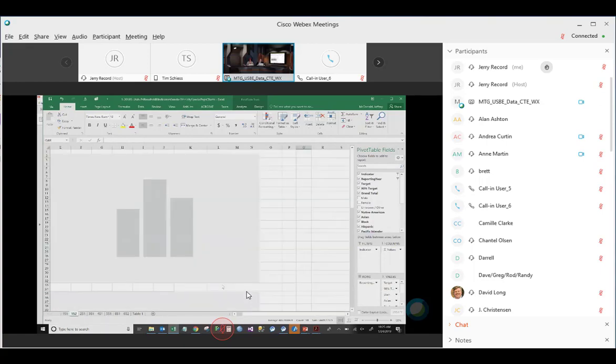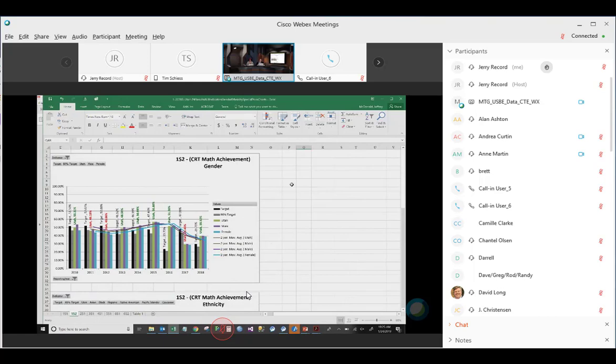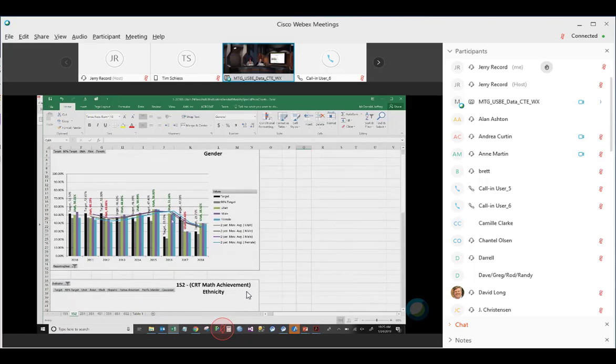1S2, math achievement, gender. So again, you can see the drop from CRTs to SAGE, and that's why our target dropped as well. We negotiated with Octave to let us lower our target because we had no idea what the results were going to be until we actually dug into the SAGE data.